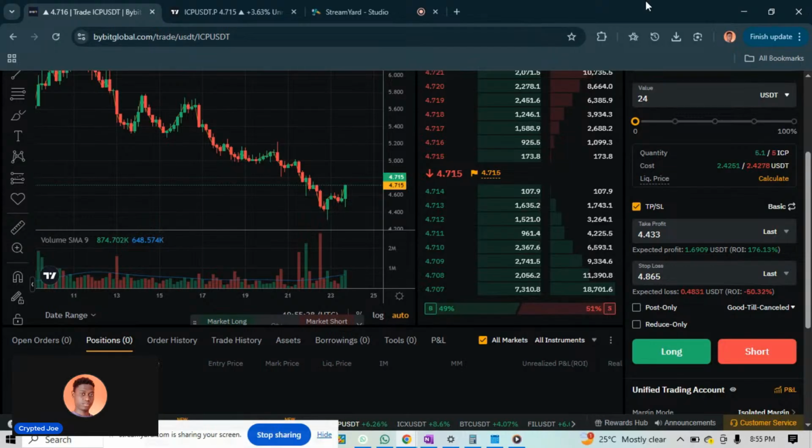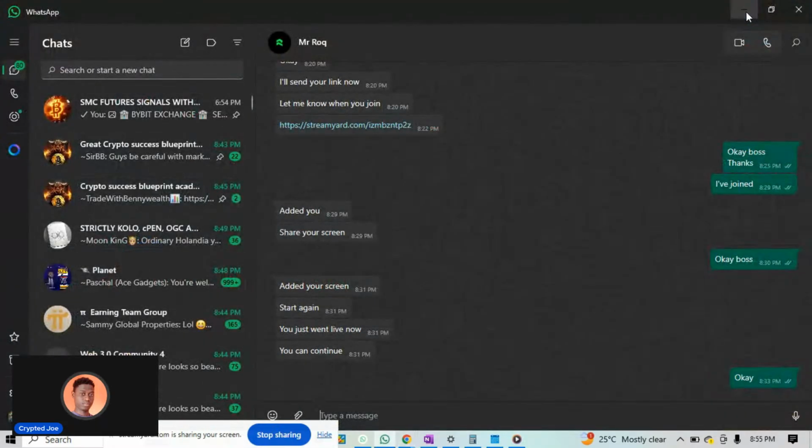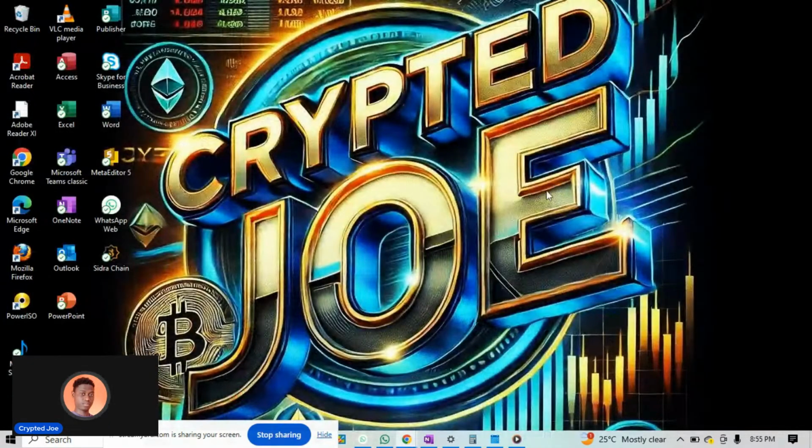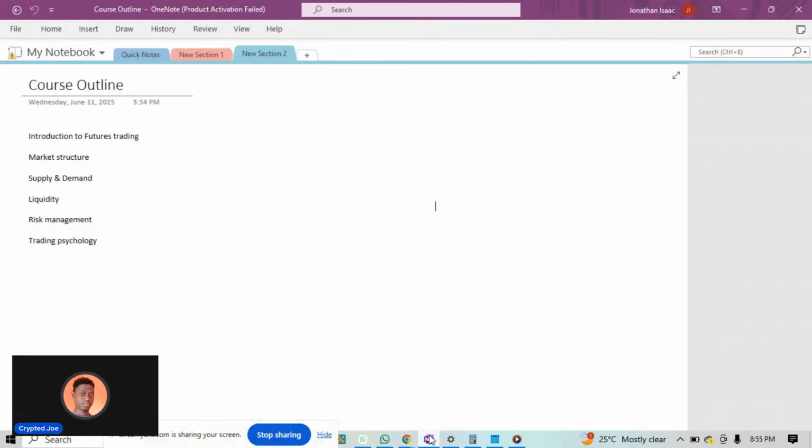For those of us who don't have the stop loss percentage, I want to show you the manual way of getting it so that you can divide your risk amount by that stop loss percentage. I'll just open my note and type it.